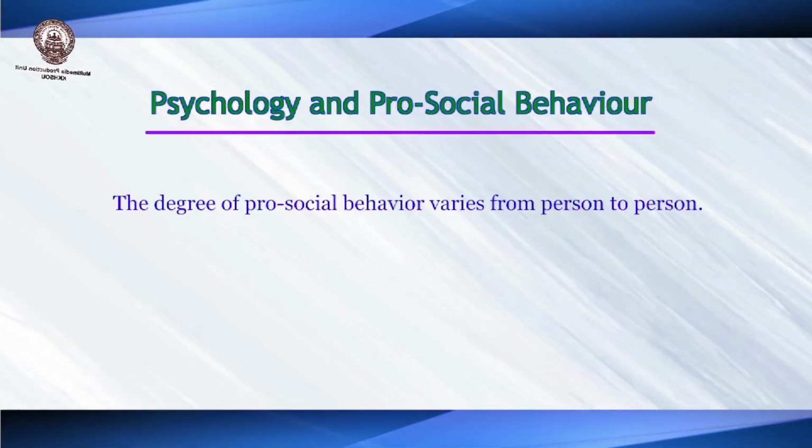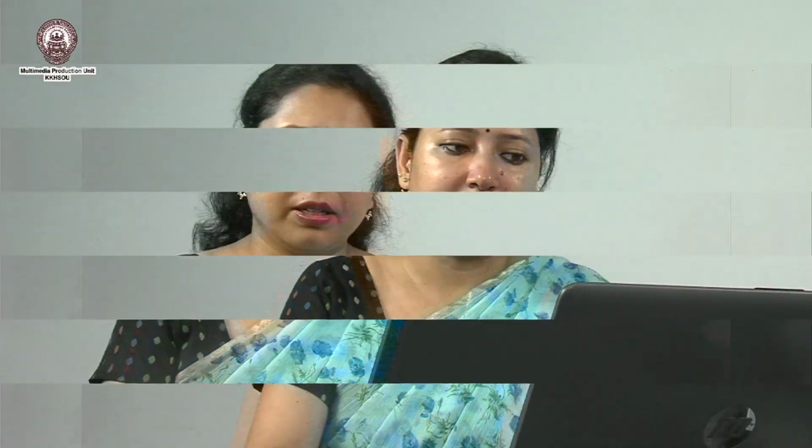How? Because only if we have empathy will we be able to understand the pain of another person, or how a person is feeling and why a person is feeling the way he is. The degree of pro-social behavior varies from person to person. Some may be more pro-social while others may be less pro-social.